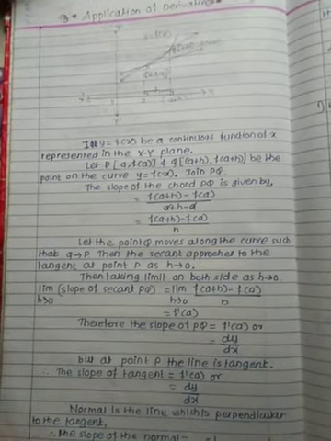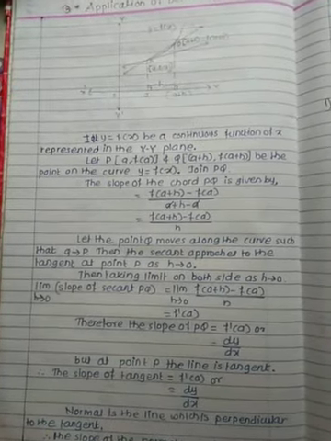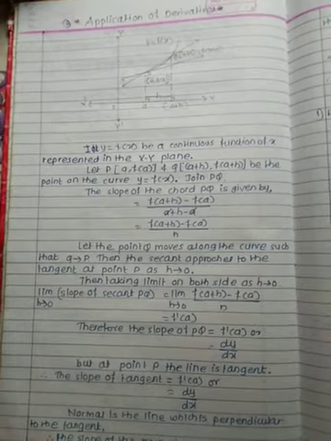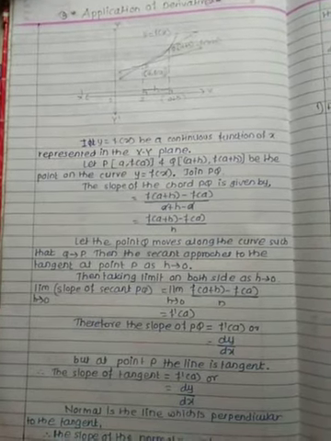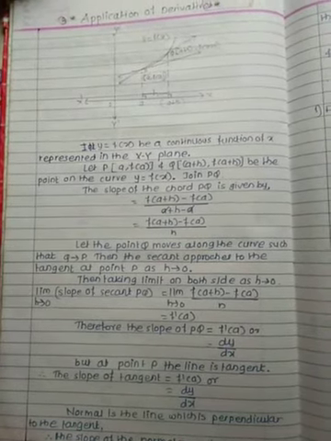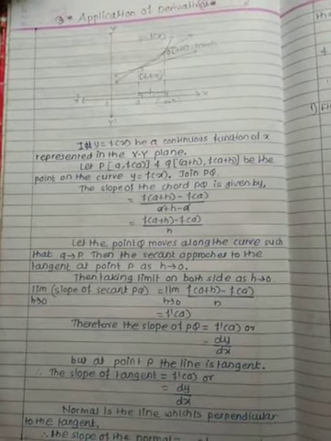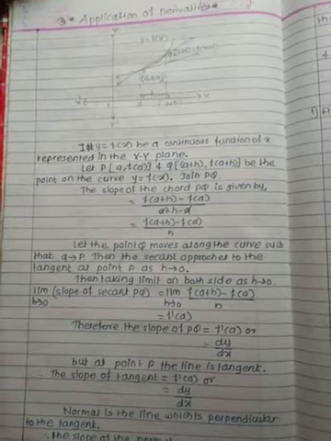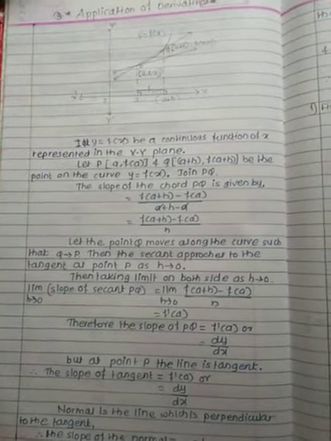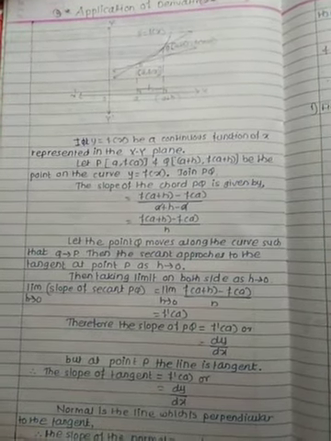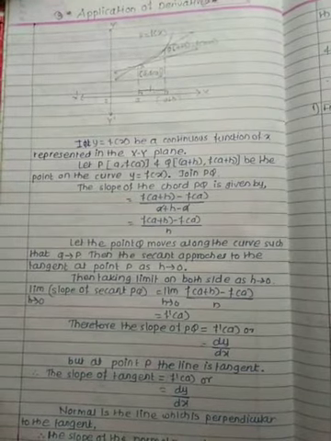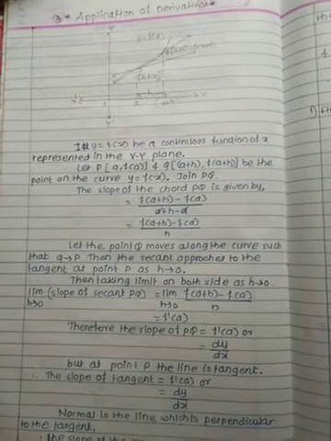Now how to find the equation of tangent? We know the equation of lines, which we studied in the 11th and also in standard 10 and 12. The slope of the line is denoted by m.